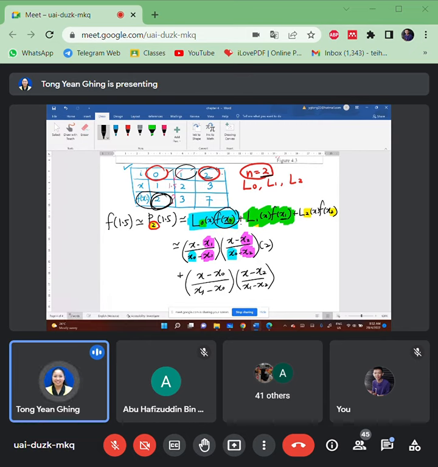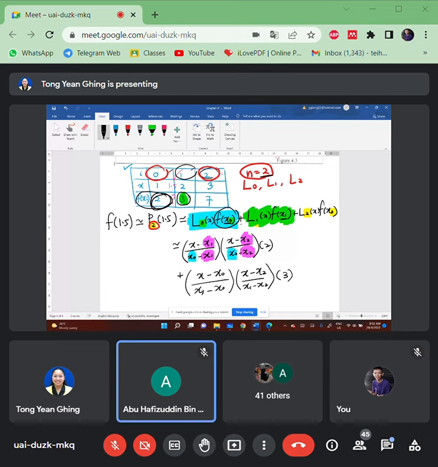And then times the value of y when x is x1, the value of y here, this one. So times 3. So far, can you understand? Abu Hafizuddin, do you understand or not now? Okay, okay. Yes. Okay.